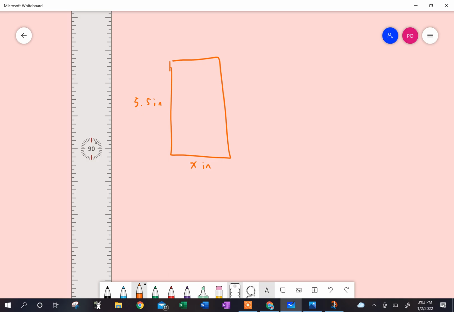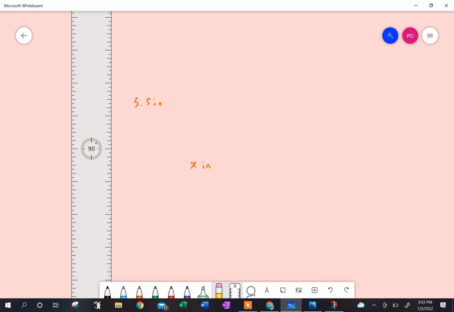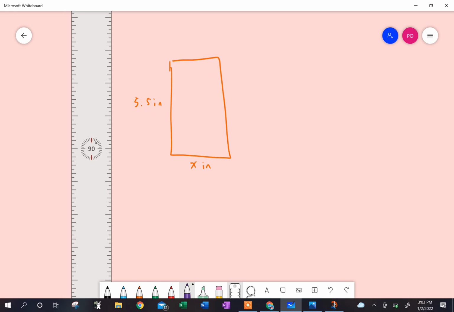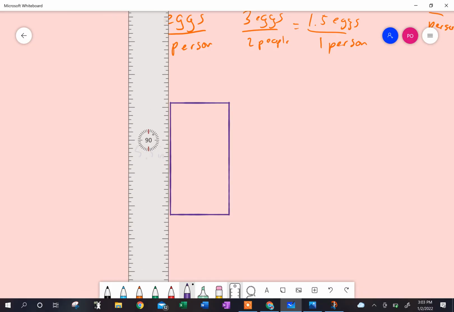Let's just do this properly. Sorry, I should have done this better in the first place. All right, so I'm going to have my cell phone here. Darn it. Double darn it. Oh no. So let's just do this all over again. Aha. So this is 5.5 inches.